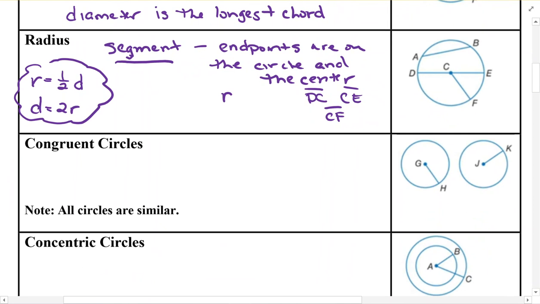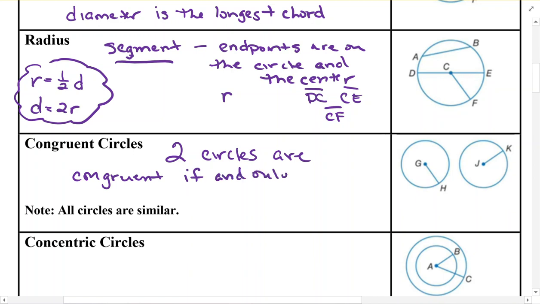Congruent circles are two circles that are congruent and they have the same radii. So two circles are congruent if and only if the radii are congruent.